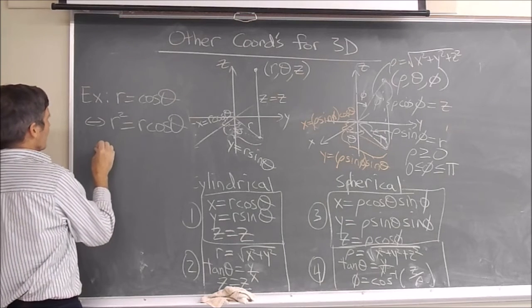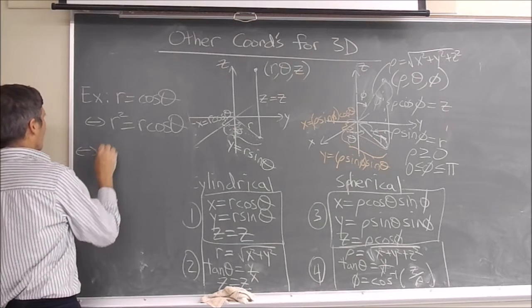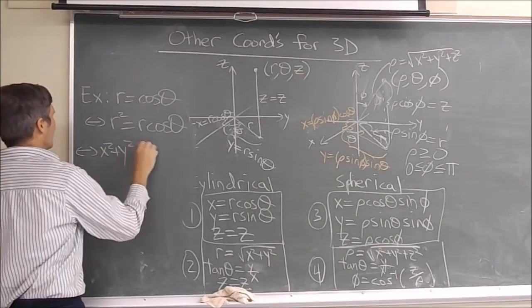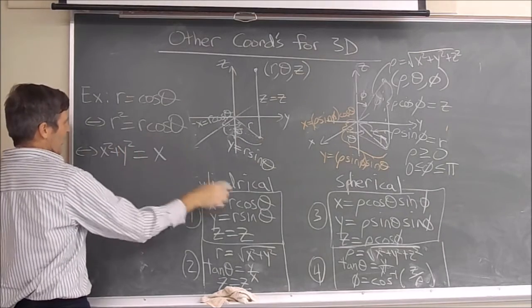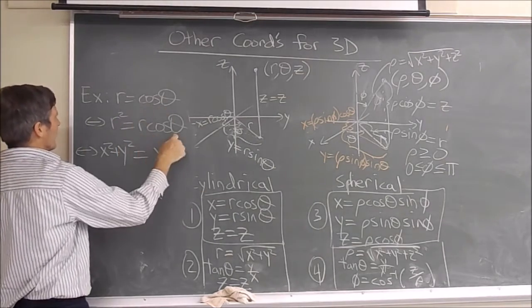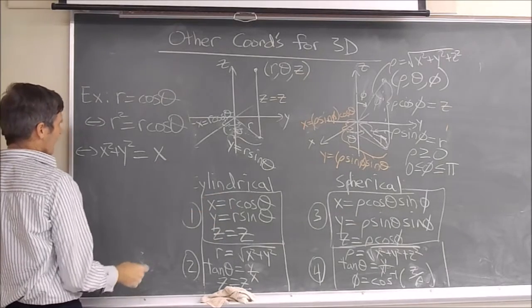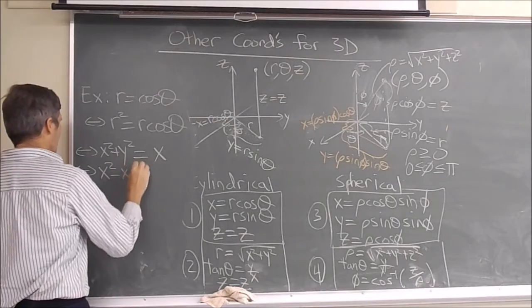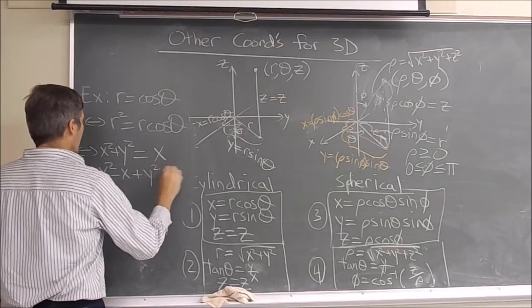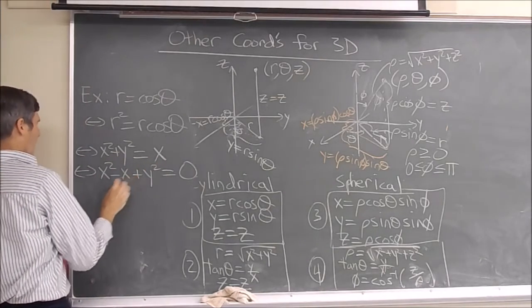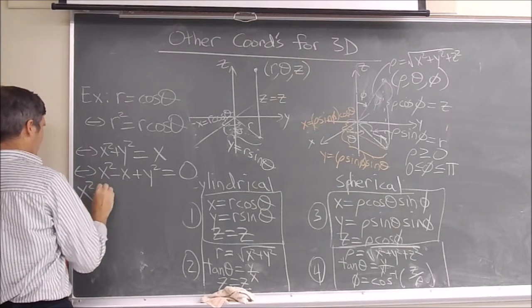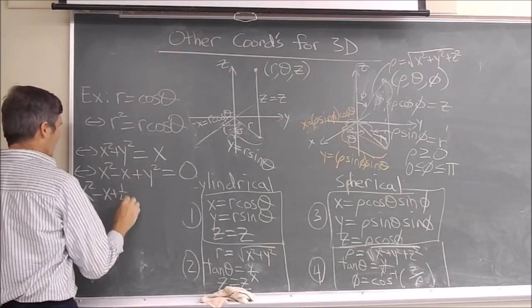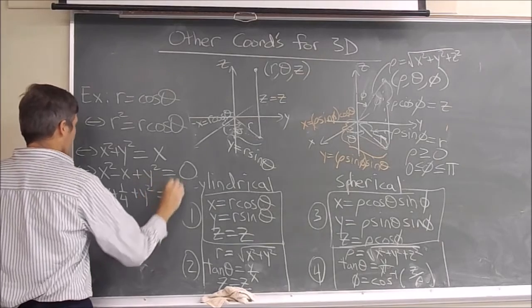Now, how do I do this? Well, this is x squared plus y squared equals r cosine theta, which is x. So you multiply through by r and make this something you recognize in a conversion equation. Now you can complete the square. x squared minus x plus y squared equals 0. Add 1/4 to each side. x squared minus x plus 1/4 plus y squared equals 1/4.